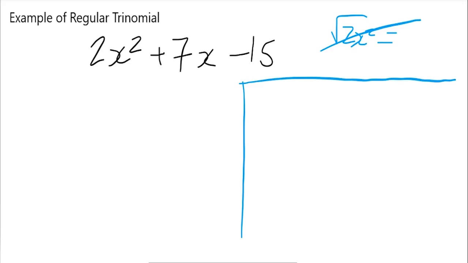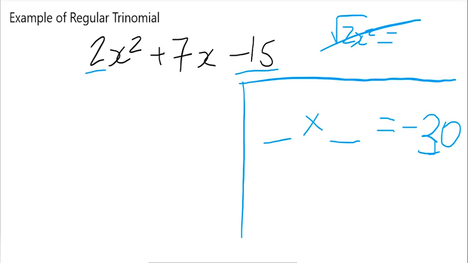Well, let us write stuff on the side over here. So what you want to do is figure out what two numbers will multiply to give you this first value, 2, times the third term, negative 15. So what two numbers multiply to give you 2 times negative 15, which is negative 30?